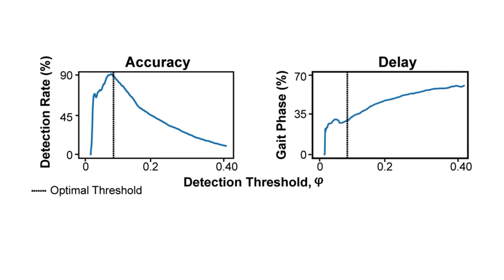We performed a parameter sweep using the open-source dataset to determine the optimal threshold value at which to determine perturbation as detected, which we found to be 0.125. Our parameter sweep rewarded values that achieved higher accuracy in perturbation detection while minimizing the delay between actual perturbation onset and detection.